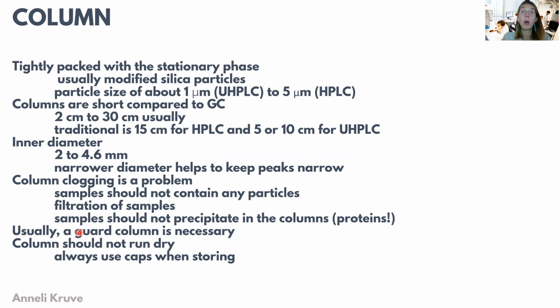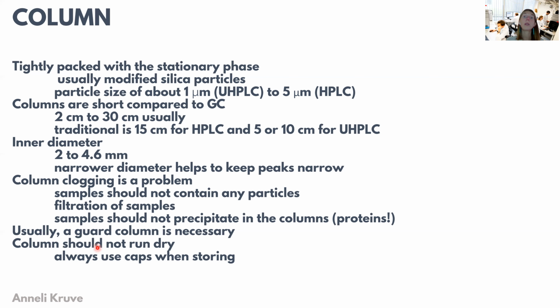So this guard column, or pre-column, is taking care of our column and is protecting it from potential clogging, or also other kinds of reactive compounds, for example, that could be somehow getting into our system from the sample.